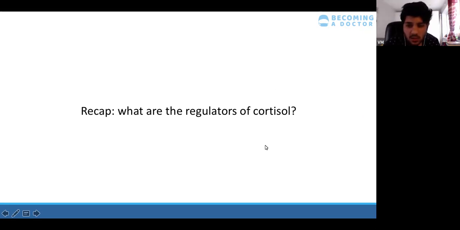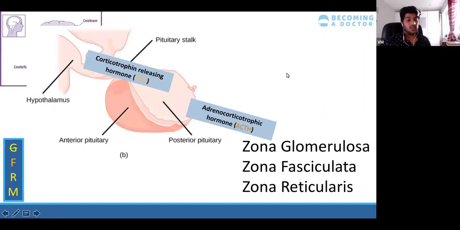Yep, it's not GnRH, but ACTH is correct. It's CRH. So the hypothalamic pituitary adrenal axis. From the hypothalamus, we have the corticotropin releasing hormone, CRH, and from the posterior pituitary, ACTH. ACTH is the one that you should remember. So good bit of recap on regulation.